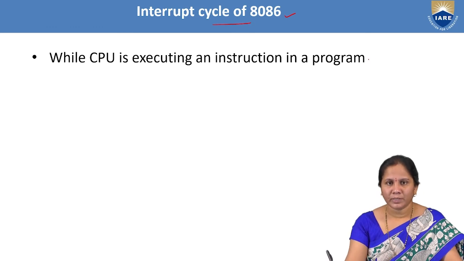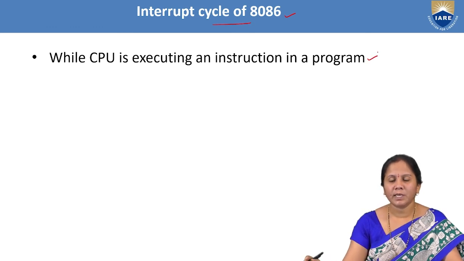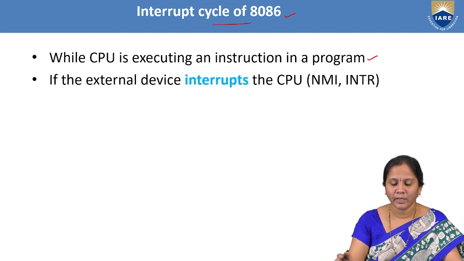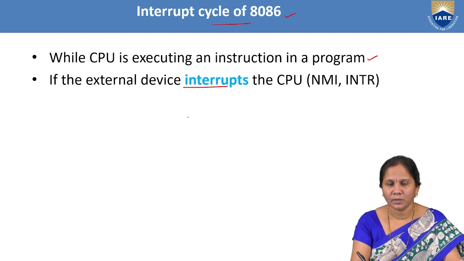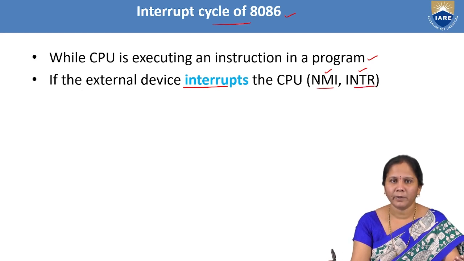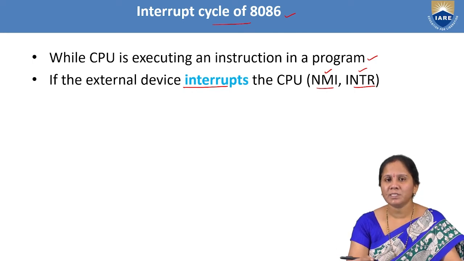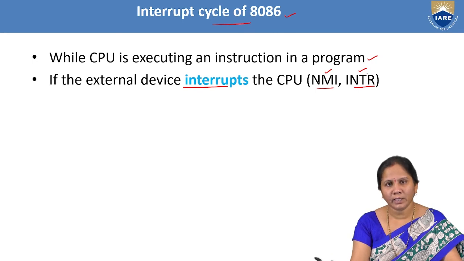The first step: when the CPU is executing an instruction in the main program, if any external interrupt comes through the NMI pin or INTR pin. As I told you, the interrupt may be through the NMI pin or the INTR pin. If the interrupt is through the NMI pin, the interrupt cycle will be different; if it is through the INTR pin, some steps will be different.